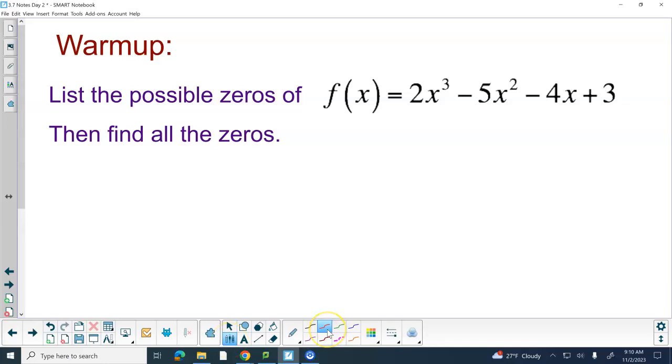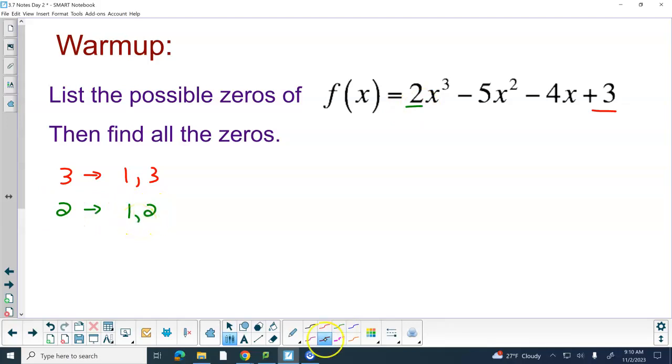Okay. So I need to first find factors of 3, because 3 is my last number, my constant number, and the factors of 3 are 1 and 3. Then I need to find the factors of 2, which are 1 and 2.